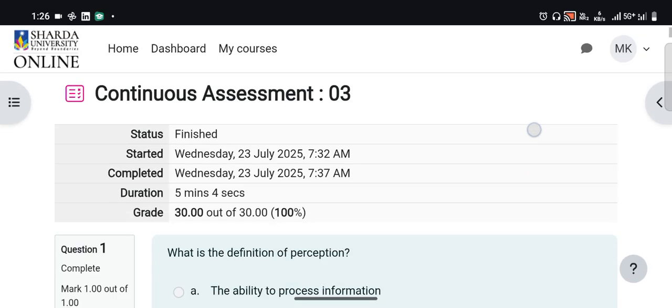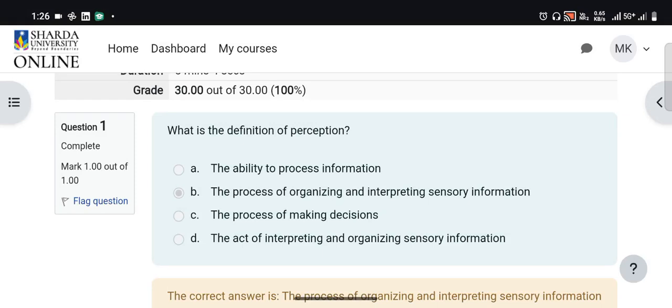Continuous assignment 3. Question number 1. What is the definition of perception? Option A, the ability to process information. Option B, the process of organizing and interpreting sensory information.